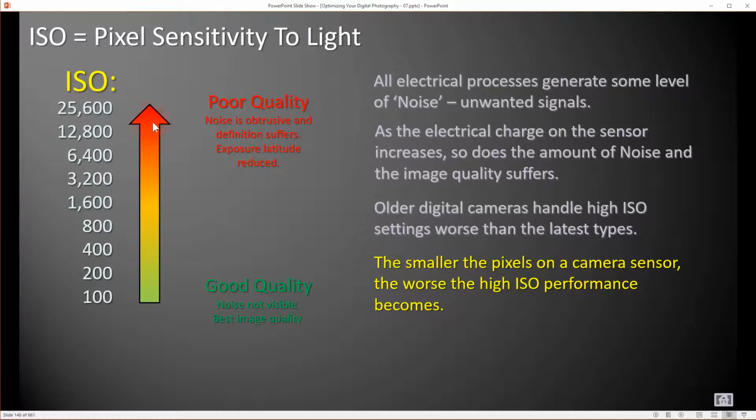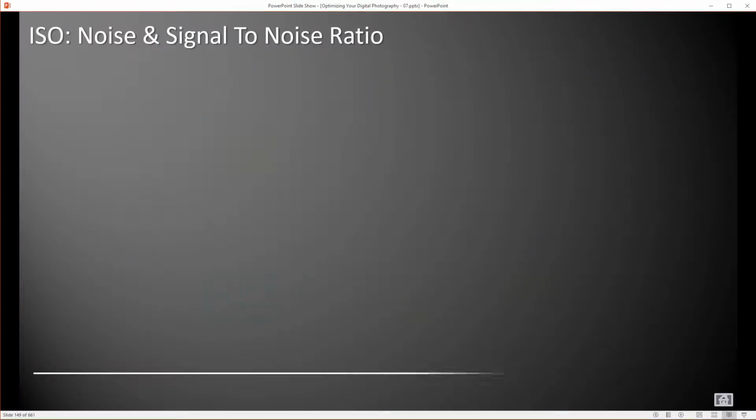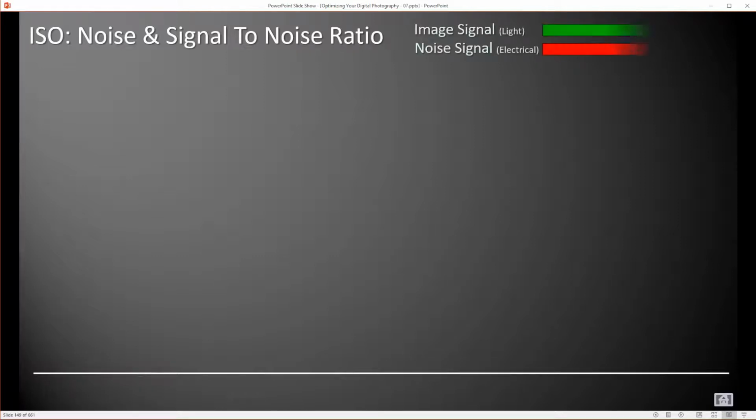Larger sensors tend to handle high ISOs better than smaller sensors, because each sensor can only capture so much light, and if it's a very small sensor it will get a very small amount of light, therefore it needs a higher electrical charge to increase the signal to a manageable level.